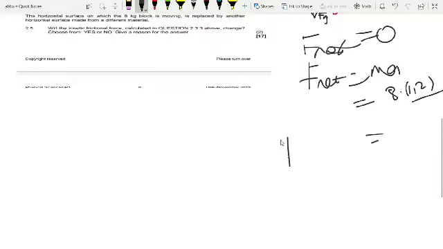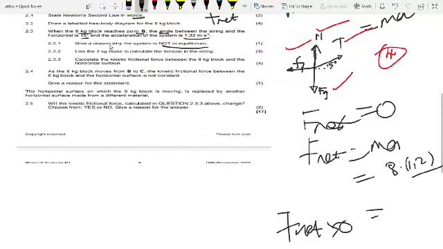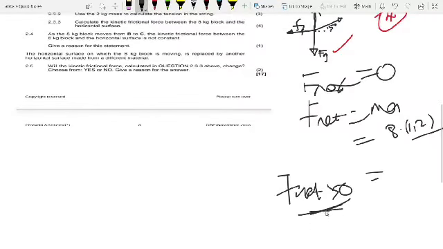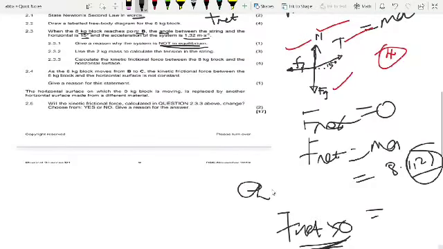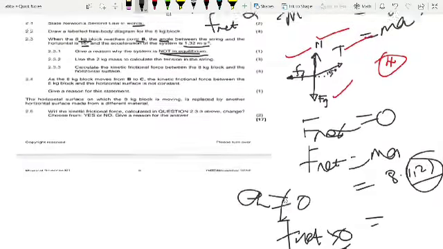Then F net is basically greater than 0. That is the main reason why this is not at equilibrium. Your F net is greater than 0 because it has acceleration. That is, in simple terms, what you can say, or that acceleration is not 0. A is not equal to 0.